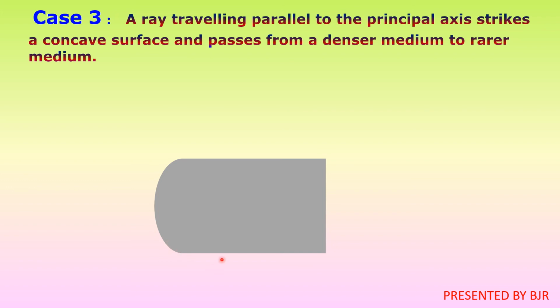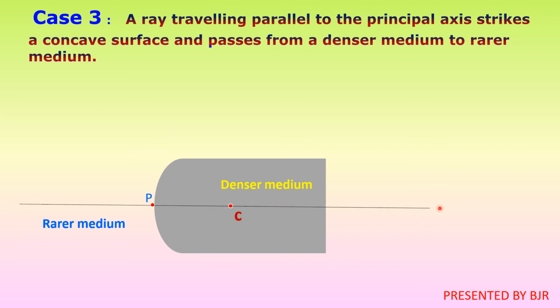See here. This one is the denser medium. That means the refractive index of this medium is more than this medium, rarer medium, say air. This is glass. Okay. So this one is P, pole, C, center of curvature, and this is the principal axis.